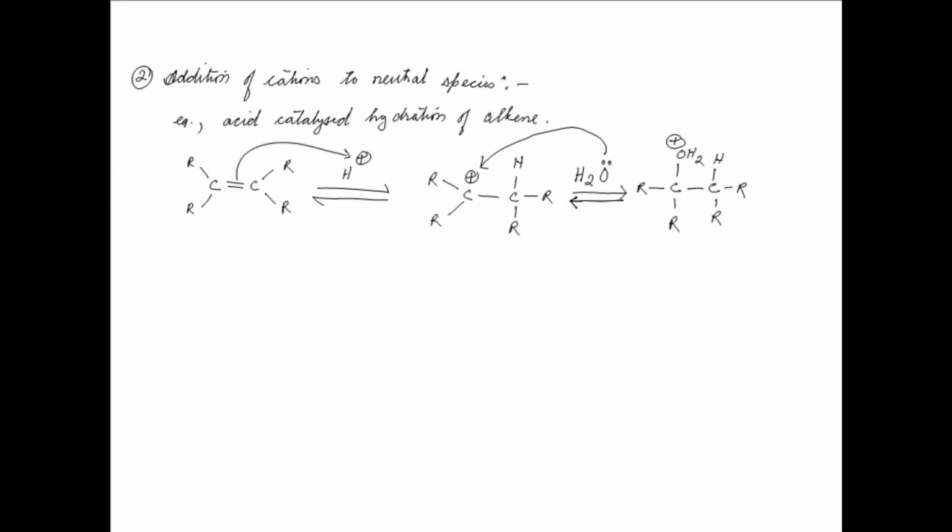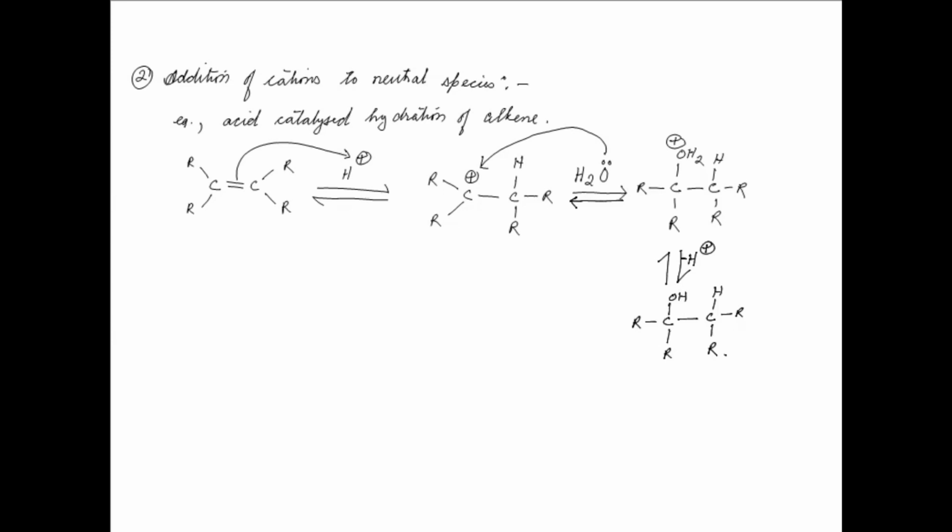Now this one can undergo loss of a proton to give you your final product, that is this. So this is how your carbocation can be generated via addition of cations to neutral species.